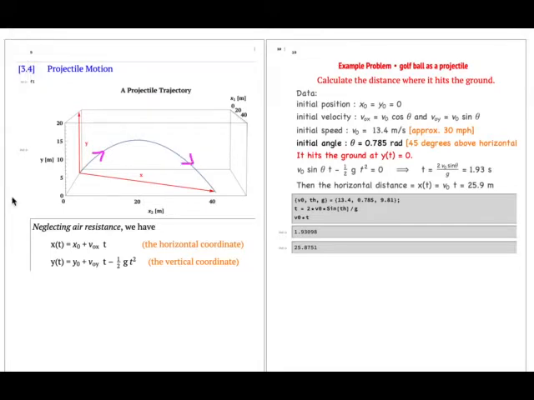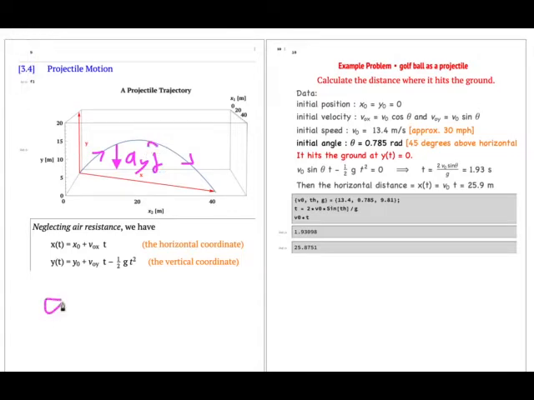Now, what's the acceleration of a soccer ball moving near the surface of the Earth? It's g. No, it's a vector. It's a_y j hat. It's a vector.